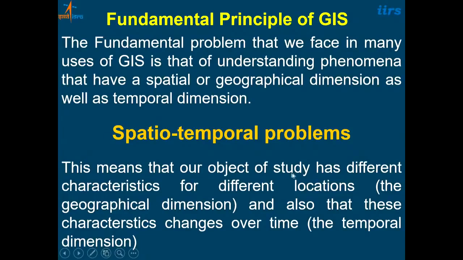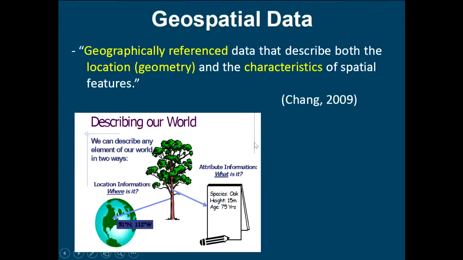This means that our object of study has different characteristics for different locations, and also these characteristics change over time. So space as well as time. So GIS comes under these spatio-temporal problems only.